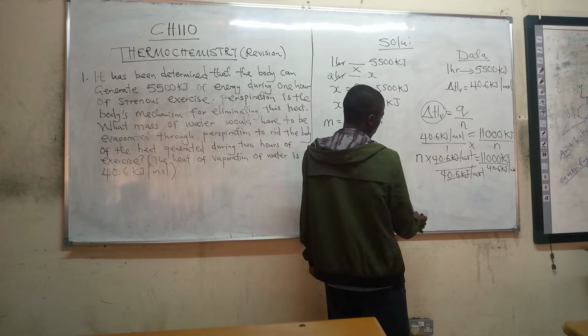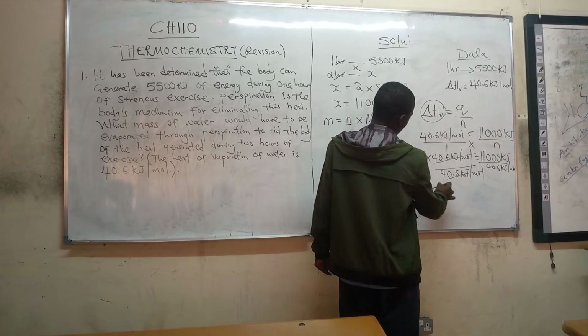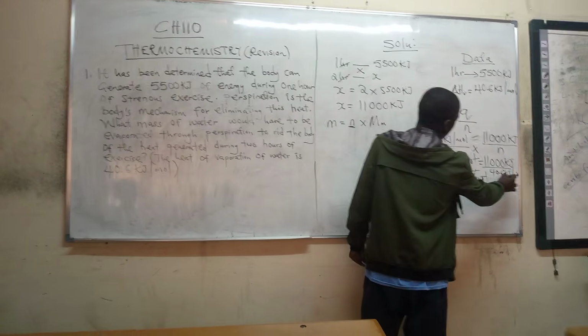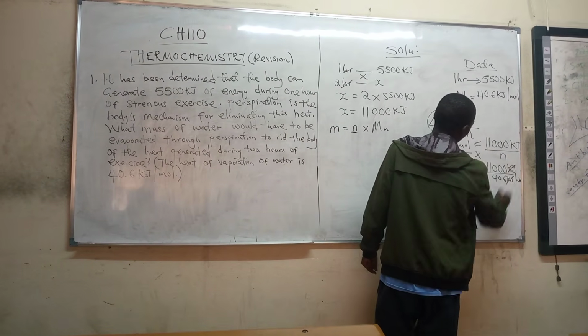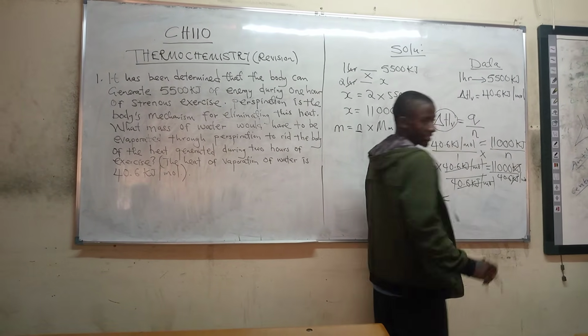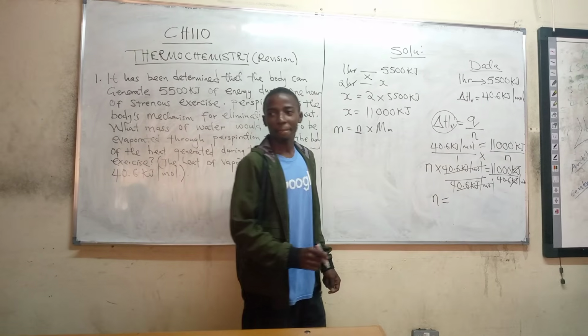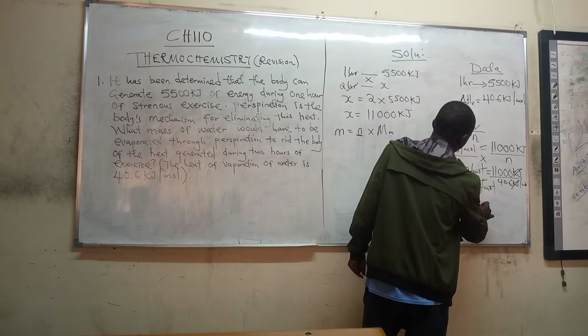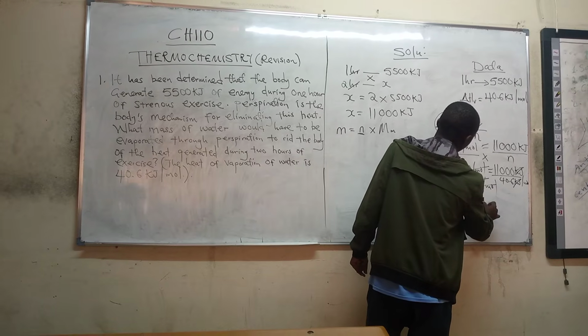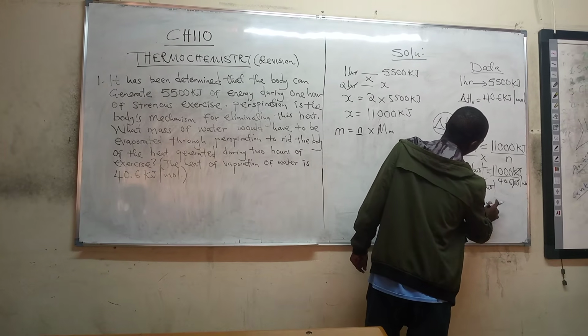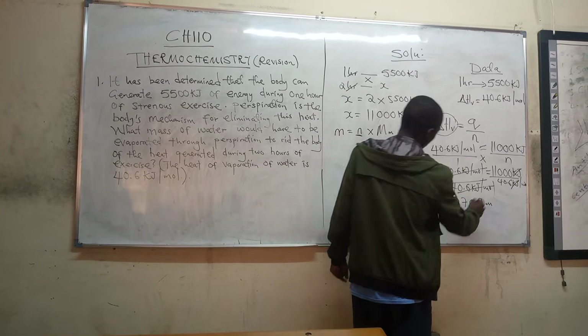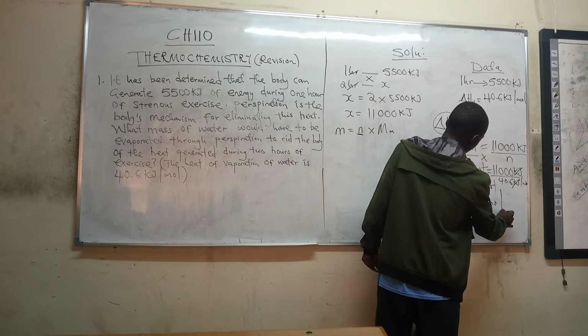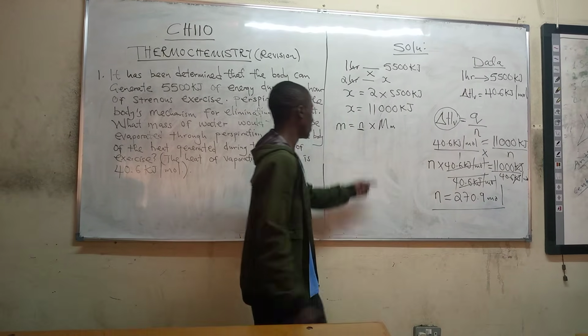Then you remain with the number of moles is equal to, when you divide there, 270.94. So 270.9 moles. This is the number of moles that I'm going to use.